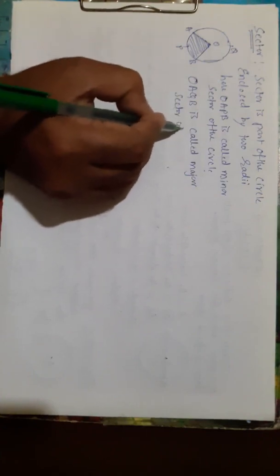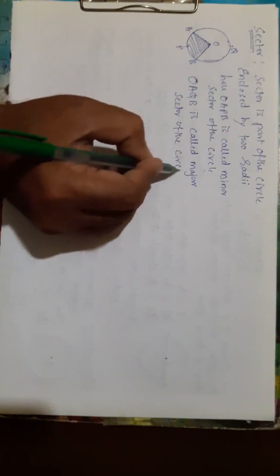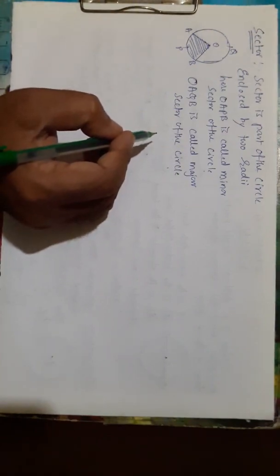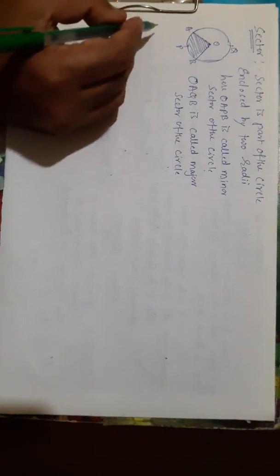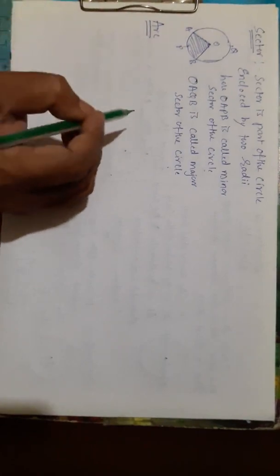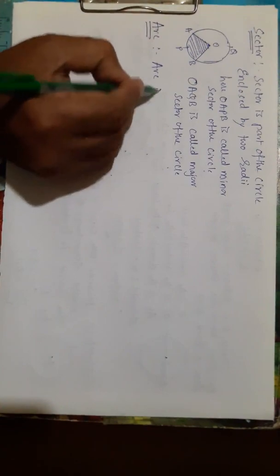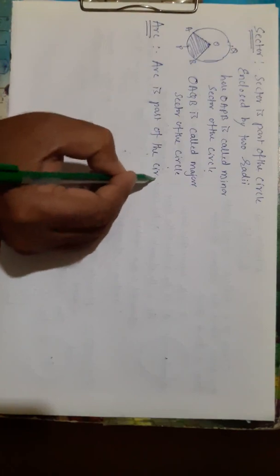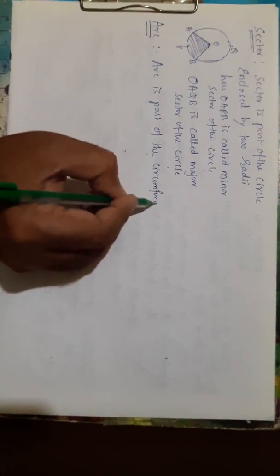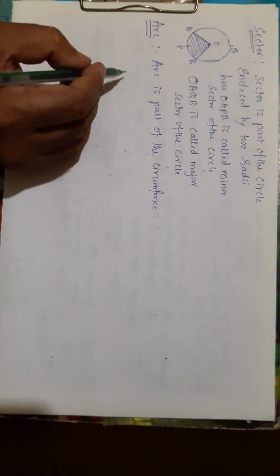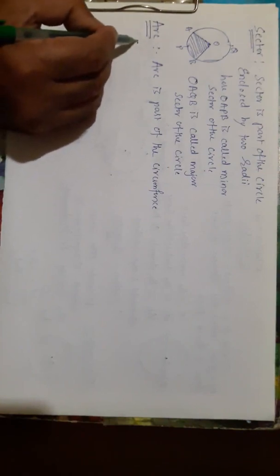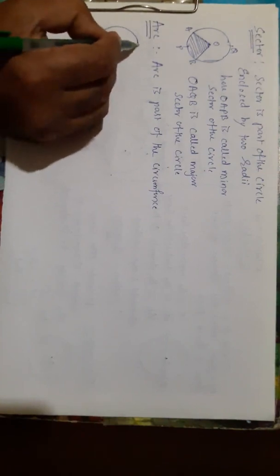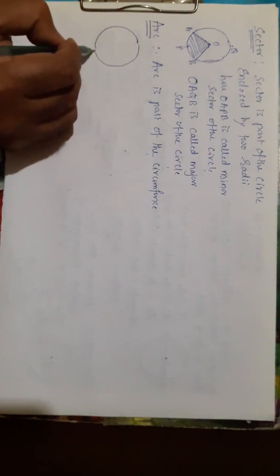Now let us come to know the arc. An arc is part of the circumference. Let us draw one circle. Now I am showing the arc of the circle.